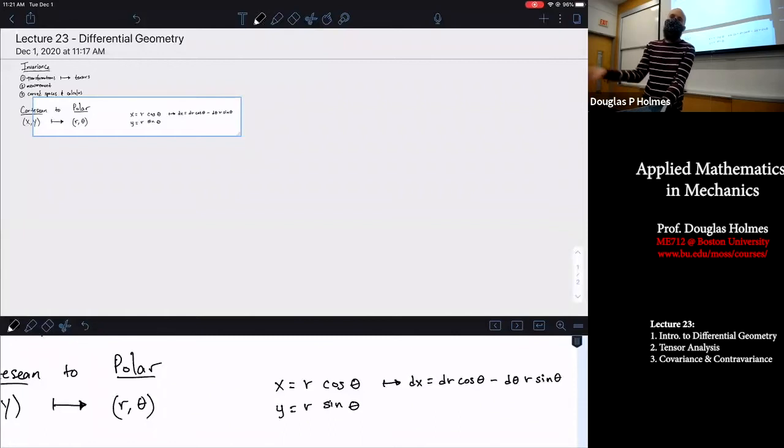The minus sign comes from the derivative of the cosine, and everything else is pretty straightforward, I hope. Similarly, we can look at the infinitesimals in y and do the same thing, expanding this with the product rule. dy equals dr sine theta plus d theta r cosine theta.